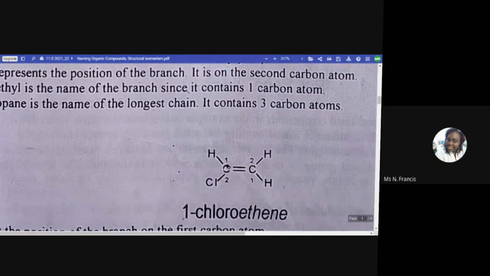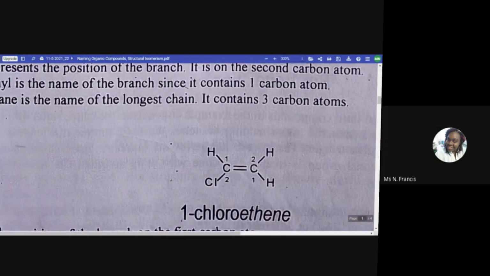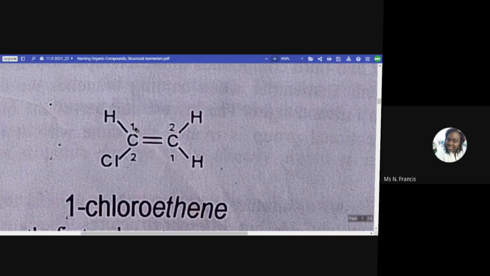This example is going to consider a halogen now. All right? For this example, ladies, notice that our carbon chain, see the carbon chain here, has 2 carbon atoms in it.